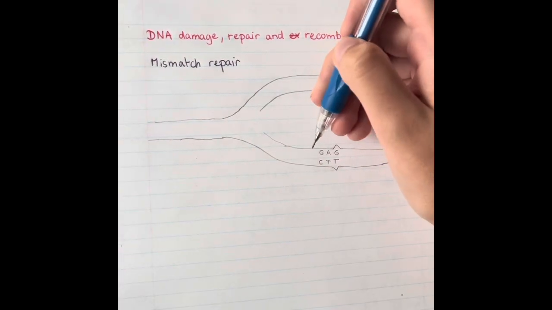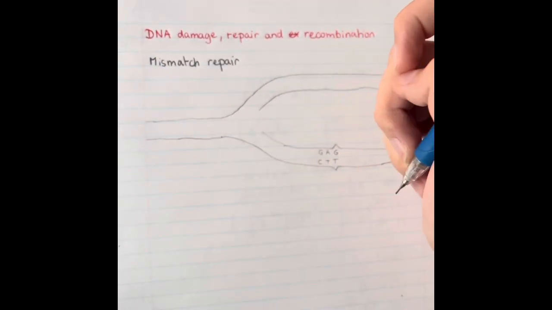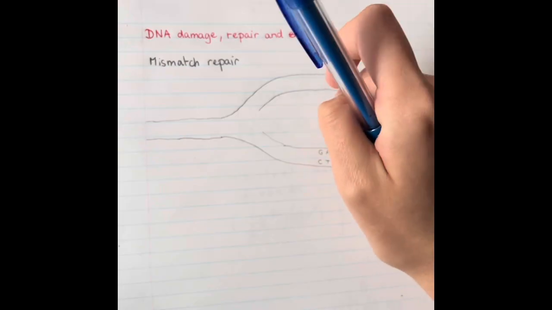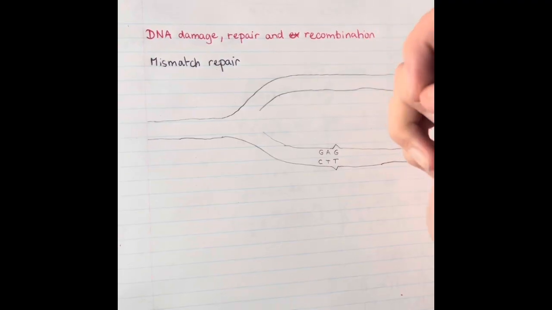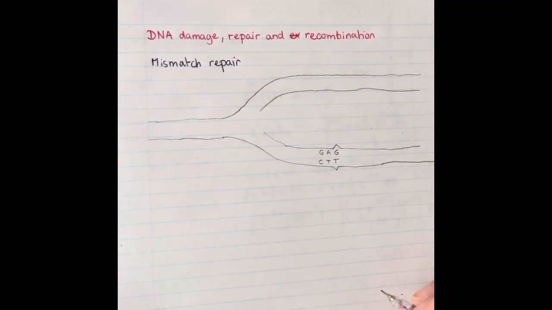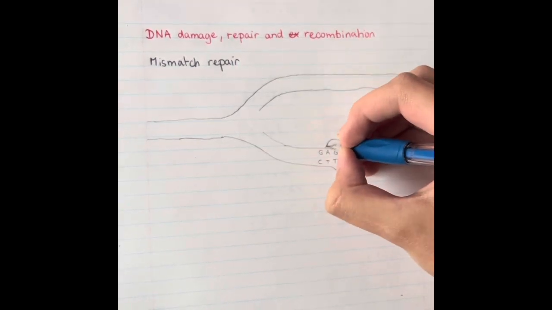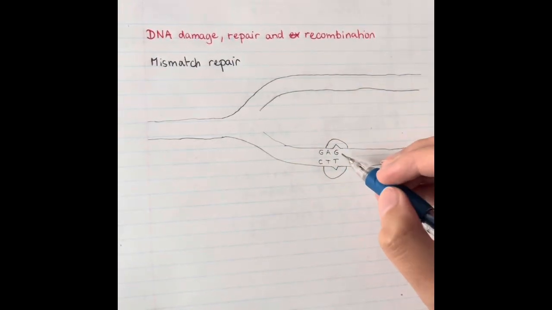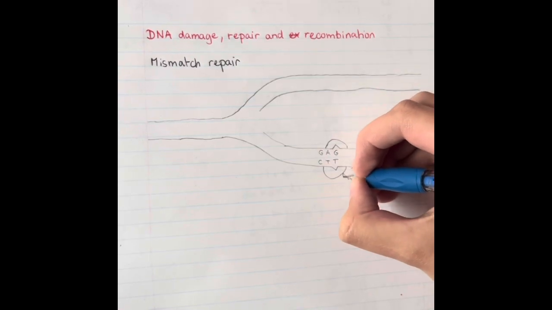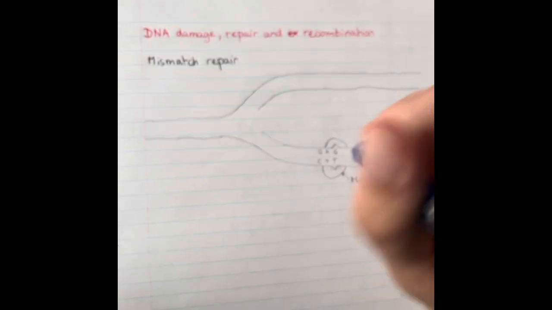Now the first step of the mismatch repair is that the MutS protein is going to detect this mismatch and bind to it. So here we have our MutS bound to the mismatched base pair.